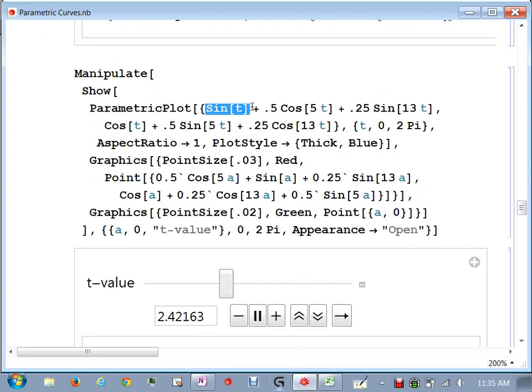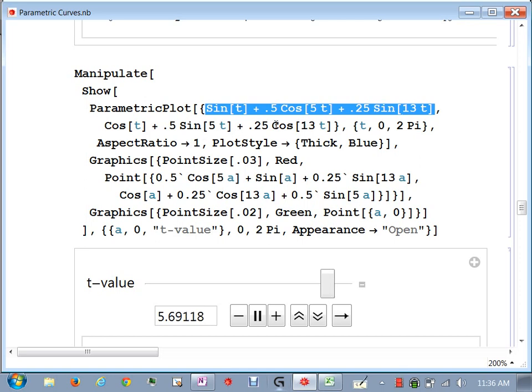Here's x: sine t plus 1/2 cosine 5t plus 1/4 sine 13t. And the y value is cosine t plus 1/2 sine 5t plus 1/4 cosine 13t.